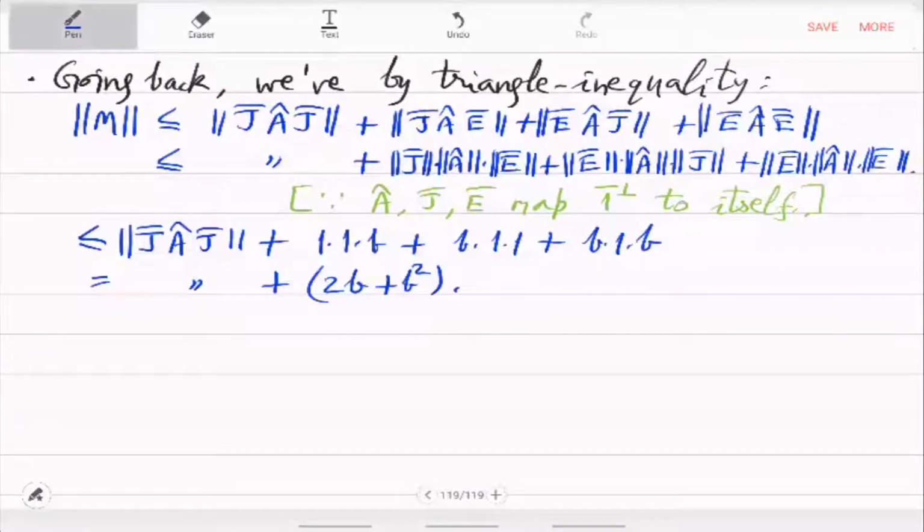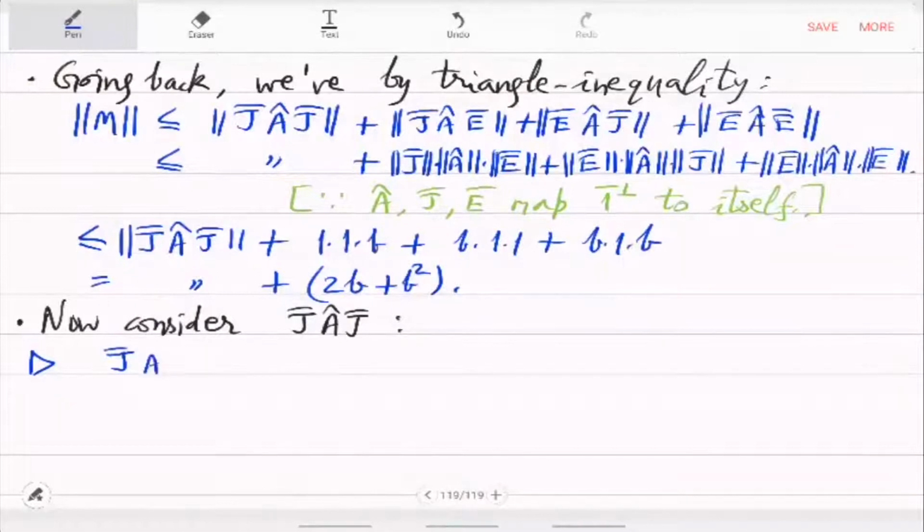Okay, let us now estimate the main term. So now consider the J bar A hat J bar norm. Let us first consider this matrix. What we will show is that this matrix, of course, comes from A, but the exact relationship is a tensor product.